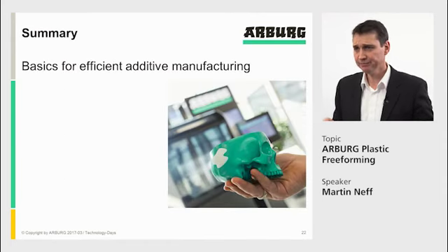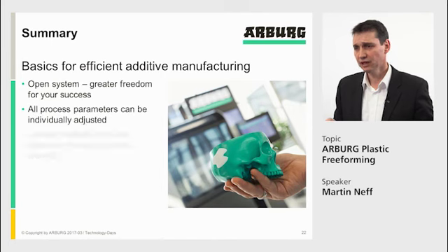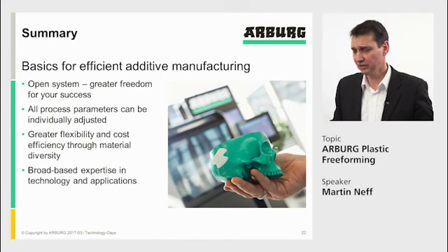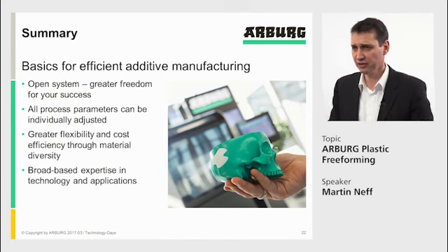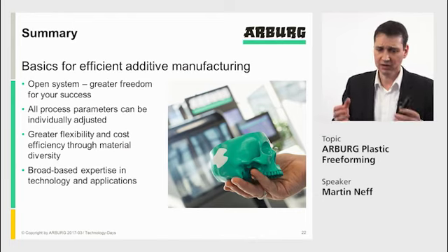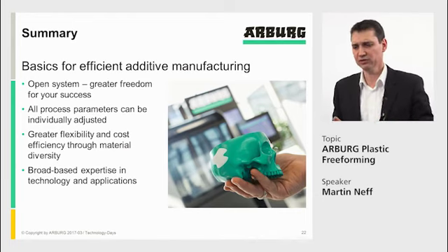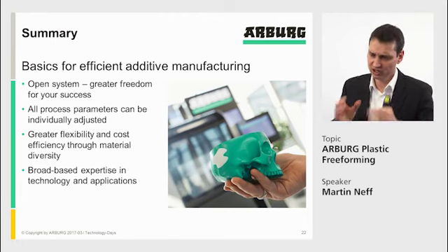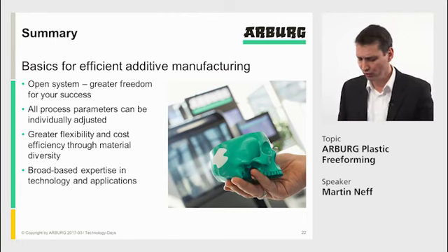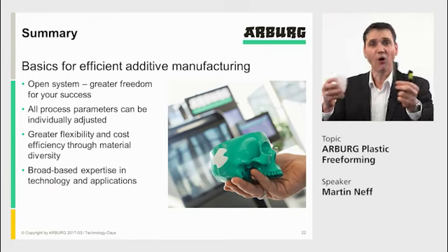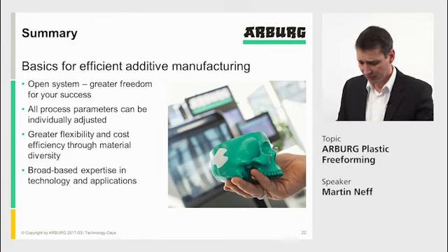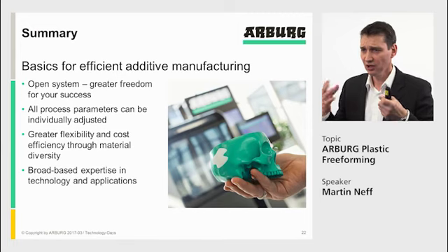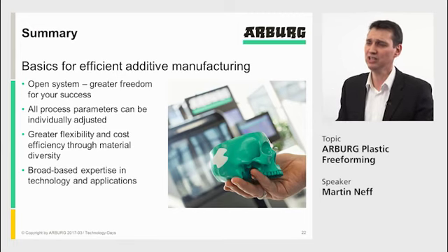As a summary, we want to focus on this again. Open system is important to have the possibility to adjust the process parameters to your specific parts or to your specific material. That is very key.